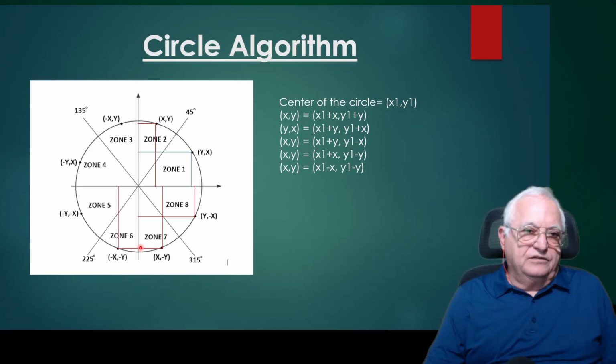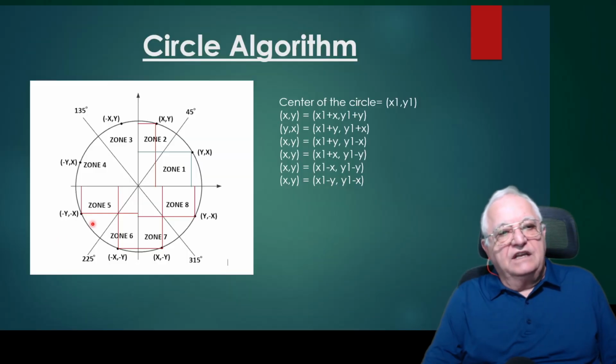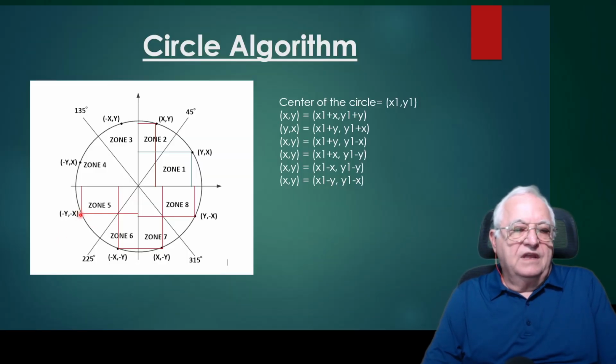The x value is going to be x1 minus x, and the y value is going to be y1 minus y. Now let's look at this particular point. This is going to be x1 minus y, and then this value here is going to be y1 minus x.